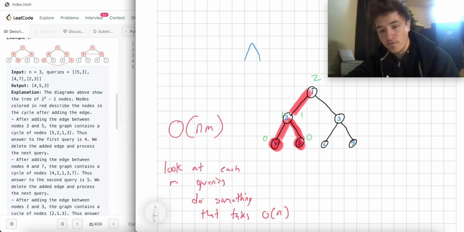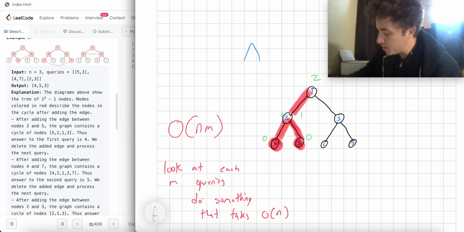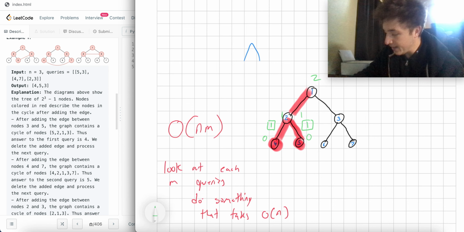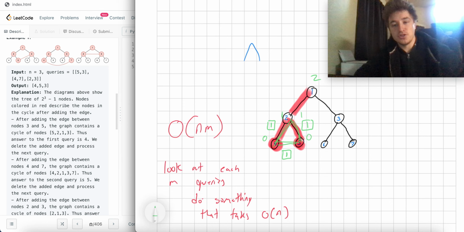And then I'd ask both of them, okay, 5, how long did it take you to get to 2? It would respond, it took me 1 second. Then I'd ask 4, okay, how long did it take you to get to 2? And it'd say, okay, it took me 1 edge, not 1 second, sorry. And then I'd add an additional edge between these two to connect them, and that takes 1. So that'd be 1, 2, 3, which makes sense, right? Because there's a length 3 path between these two nodes.